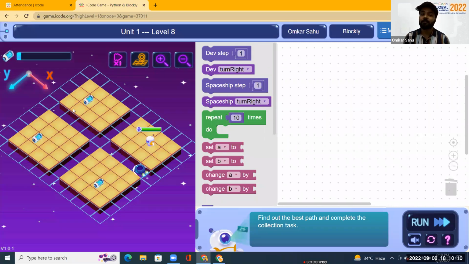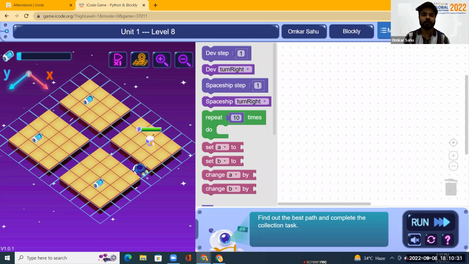Now here's the part that is very tricky. So now think about it. If we ask the character Dave to take 3 steps forward and go back 1, 2, 3, 4, 5 steps in the backward direction, how many steps will he be traveling? Let's have a look at it.